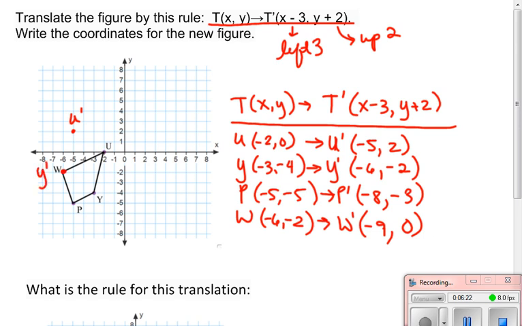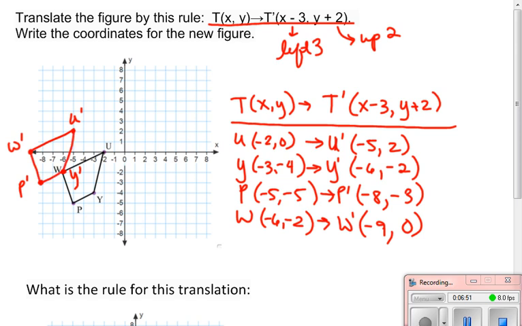It is okay if the points overlap. P prime is at (-8, -3). And W prime is at (-9, 0). So here is my new figure.